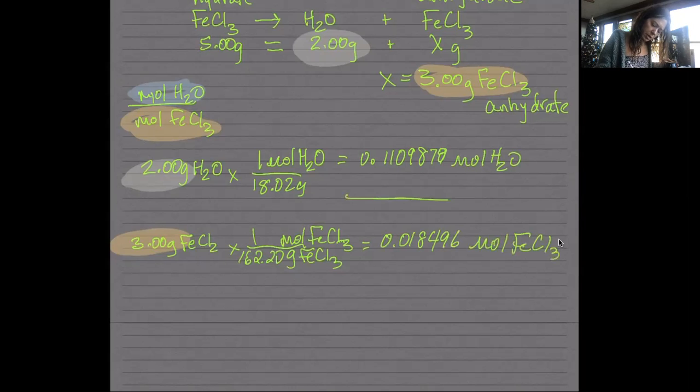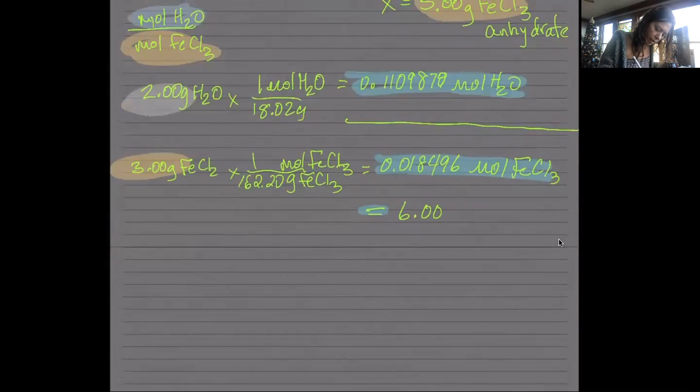What I'm going to do is divide these two values right here, okay? I've got my moles of H2O divided by my moles of my anhydrate. Oh, good. And once again, I got a really pretty whole number. I got a 6.00.